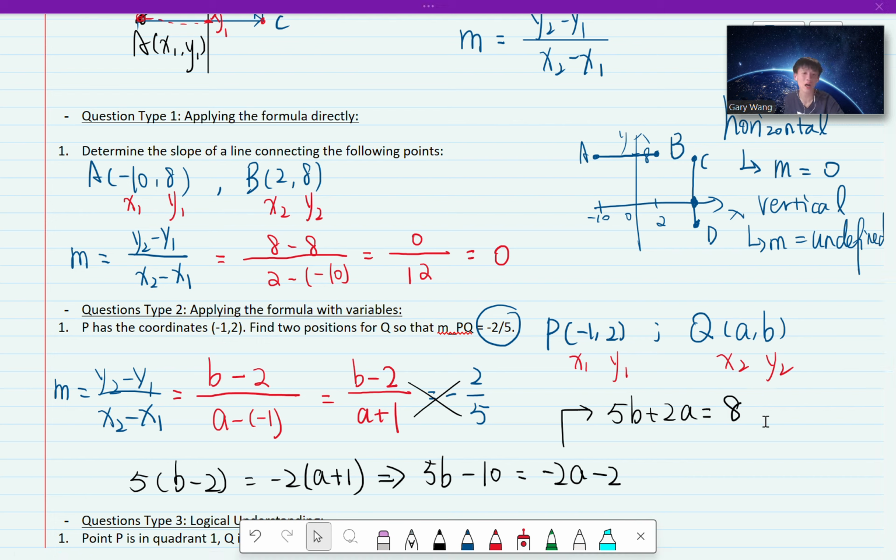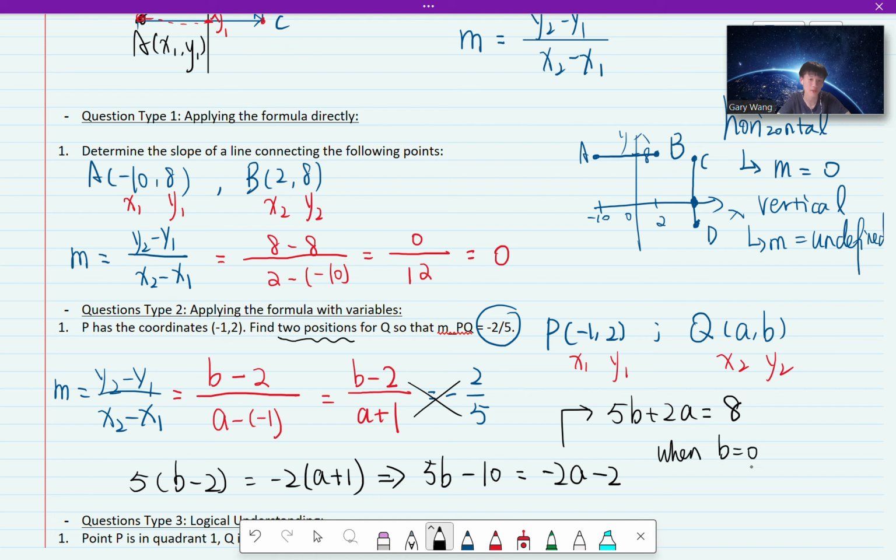So how can we solve this equation? Normally, if we have two variables, we need two equations to form a system of equations to solve both of the variables. But in this case, since the question is only asking for two possible positions, we don't need to solve for every single case. So let's just give some values.